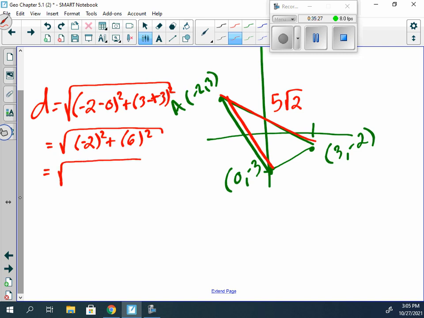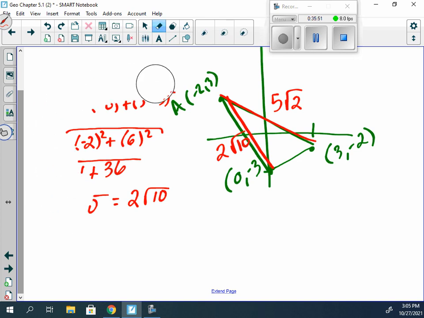Now -2 squared would be 4. 6 squared would be 36, and 4 plus 36 would be 40, which would actually work out to 2 square root of 10. And again, most of these distance formula calculations, the calculator would do it 100% for you. You wouldn't actually have to do these by hand.